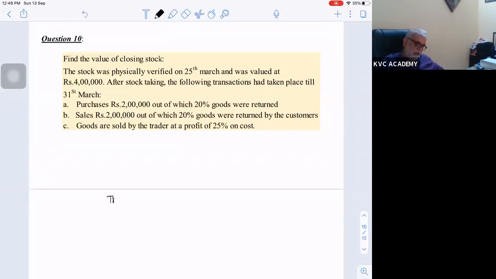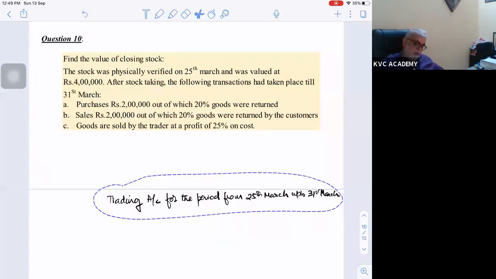Okay, I want the stock as on 31st March, so I will do it for the period from 25th March up to 31 March. For this period, I'll be doing a trading account.